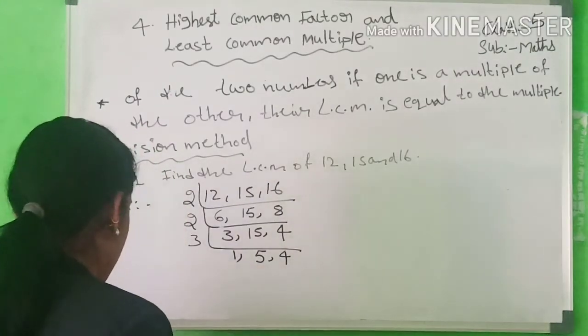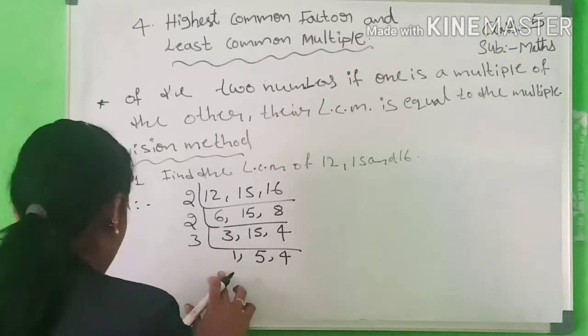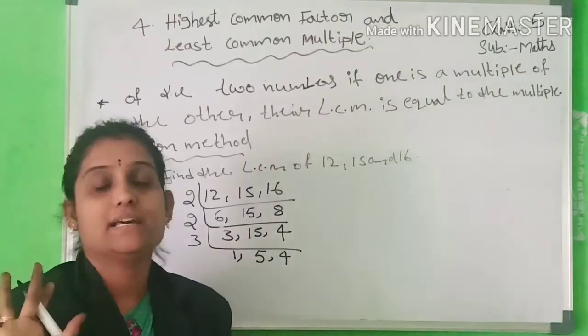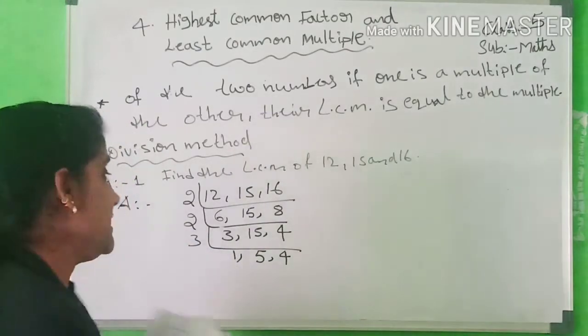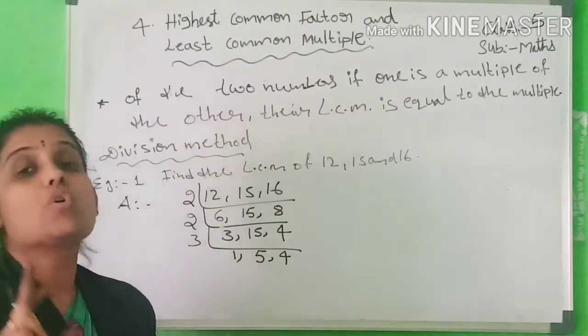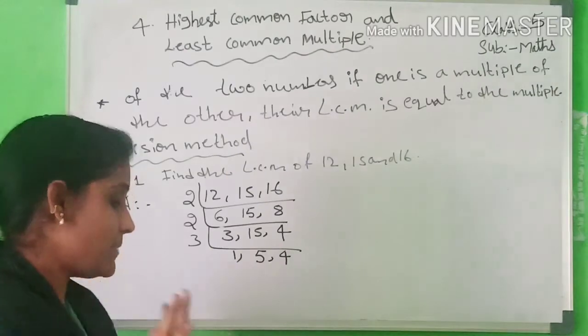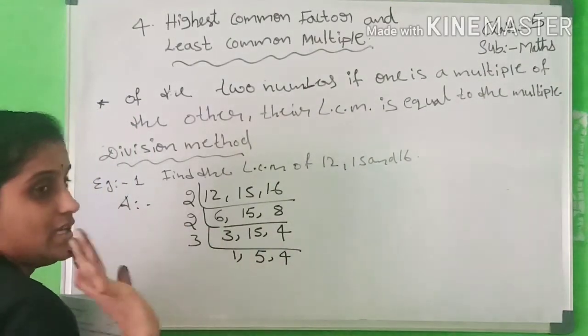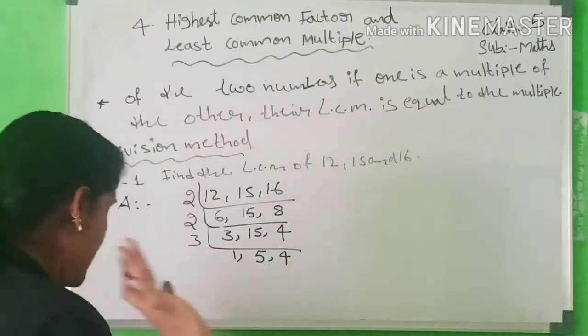Now 1, 5, 4 have no common factor. These numbers are co-prime numbers. Hence stop the division here.